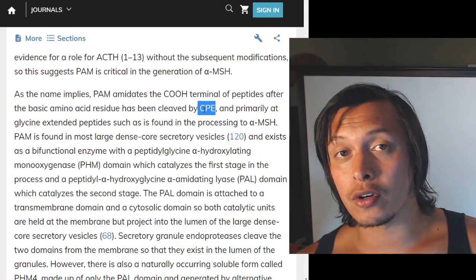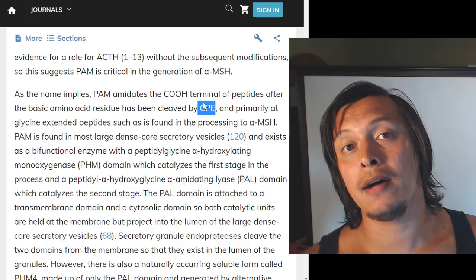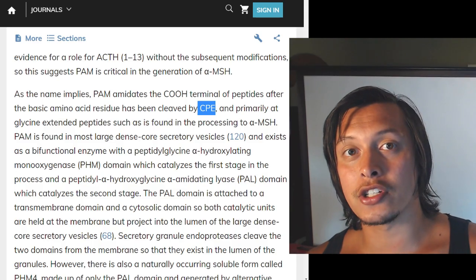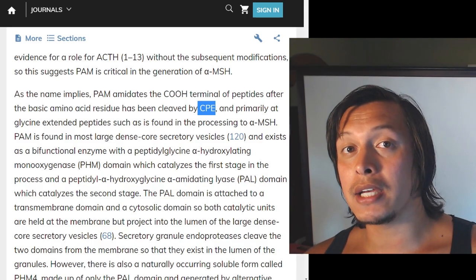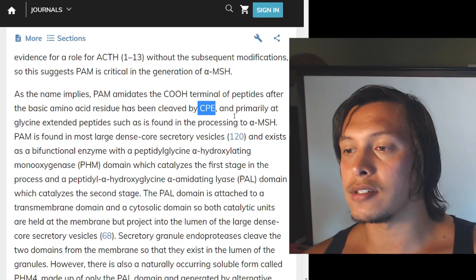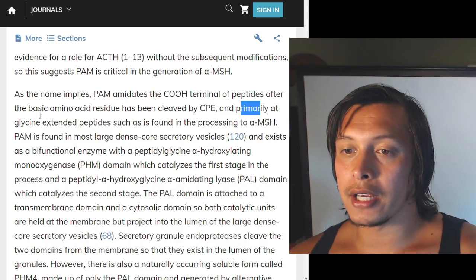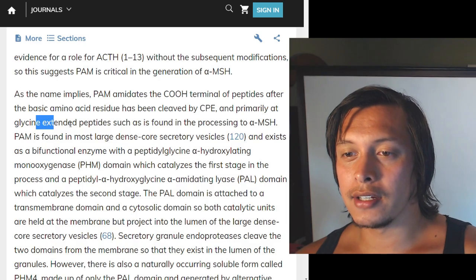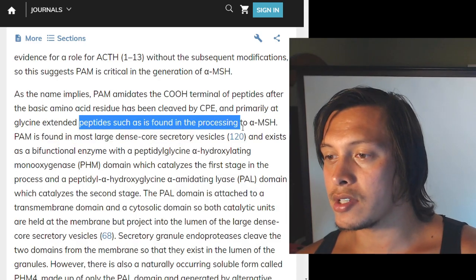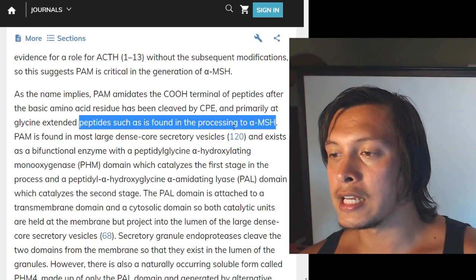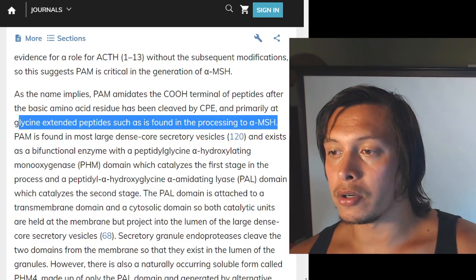And then after those have been removed, PAM can come along and start amidating, or adding the amine group to those carboxy acids, primarily at glycine-extended peptides such as is found in the processing to alpha-melanocyte stimulating hormone.